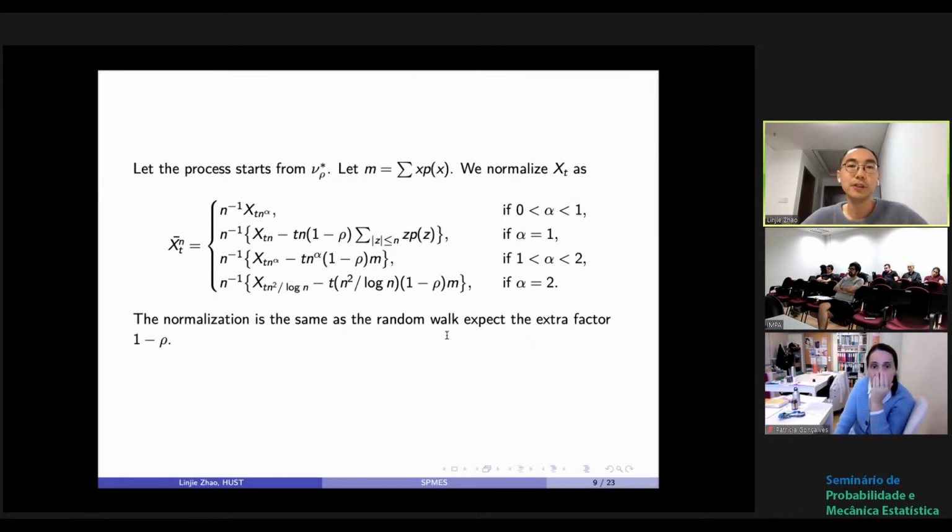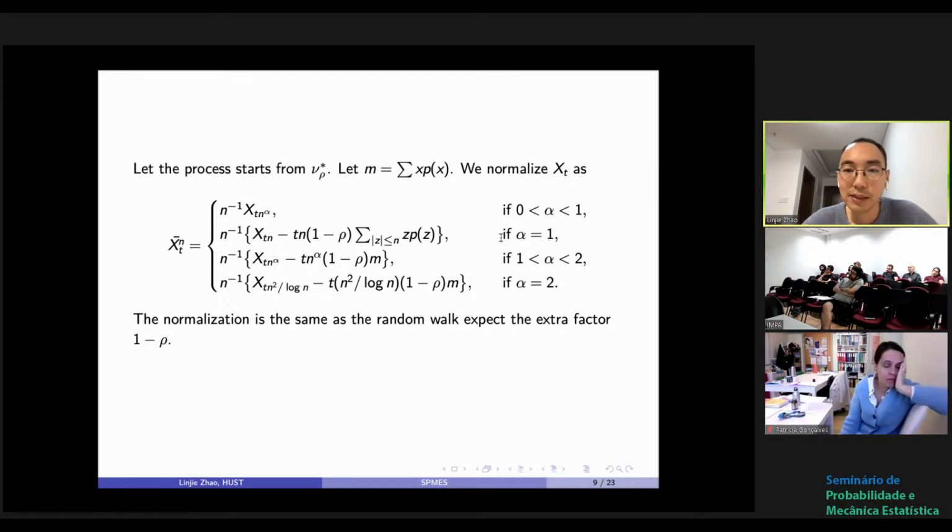Okay, now we first consider stationary fluctuations for the asymmetric case. So we let the process start from the invariant measure of the environment process. And we denote by m the expectation of the jump rate. So the first step is to normalize X_t. If alpha is between 0 and 1, then we do nothing. We just speed up the process by n^alpha, as in the symmetric case.